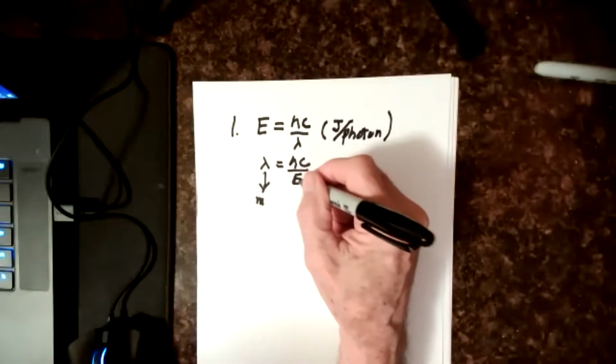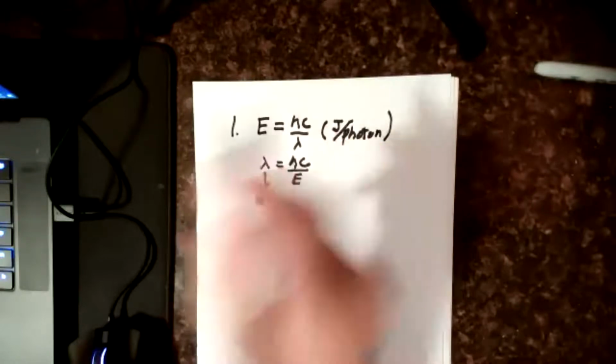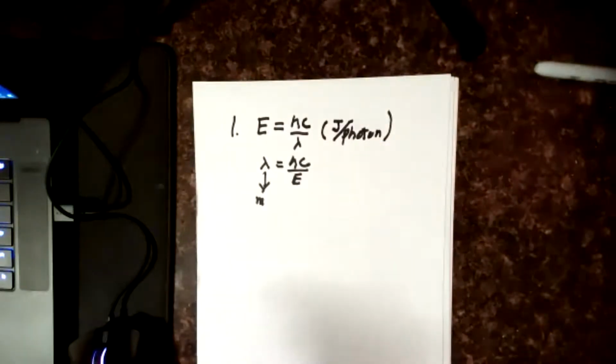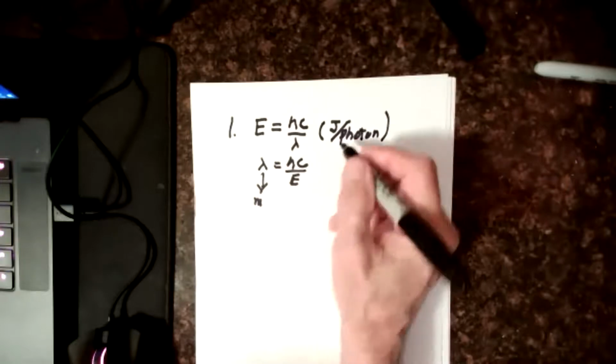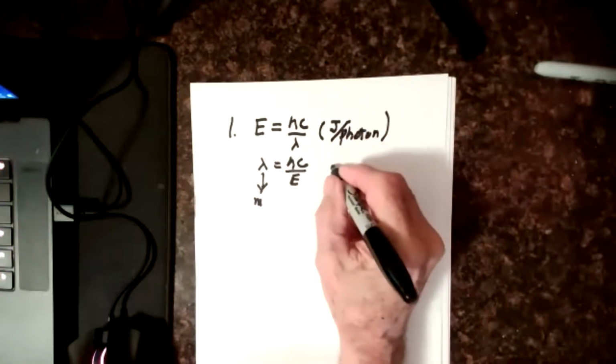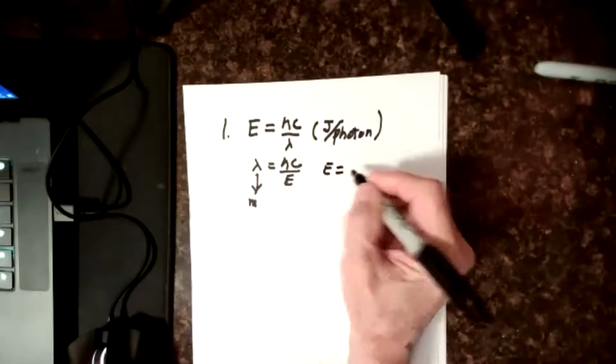The energy I put in is not given in the problem as joules per photon. It's given that 1.50 moles of photons has an energy of 125 kilojoules. And then it asks me for the wavelength. So I have to put in energy in joules per photon. Well, we can calculate that from the data that was given in the problem.